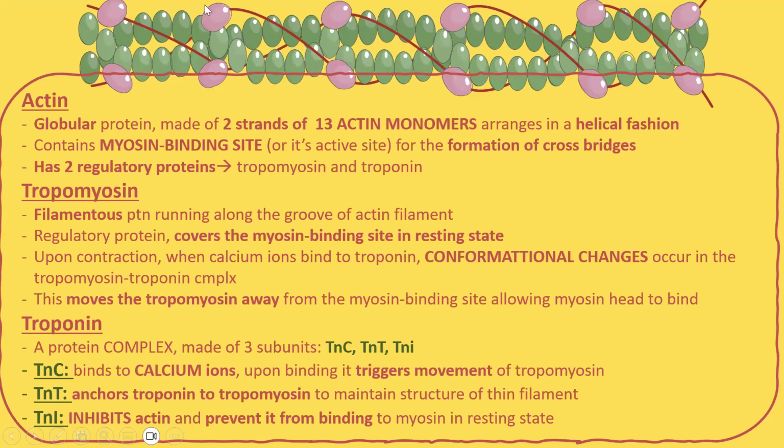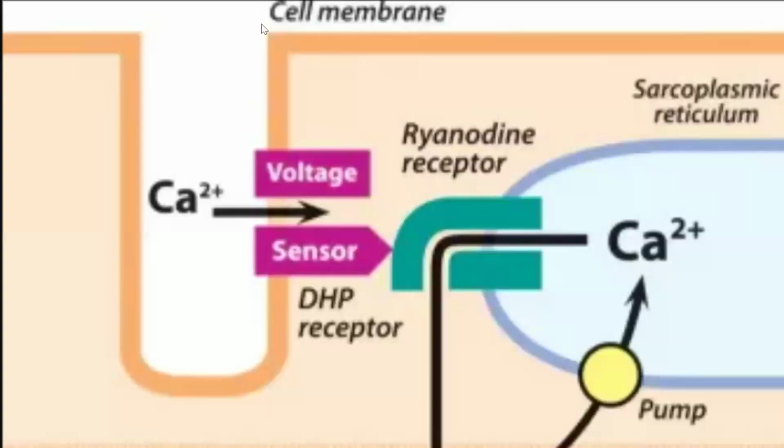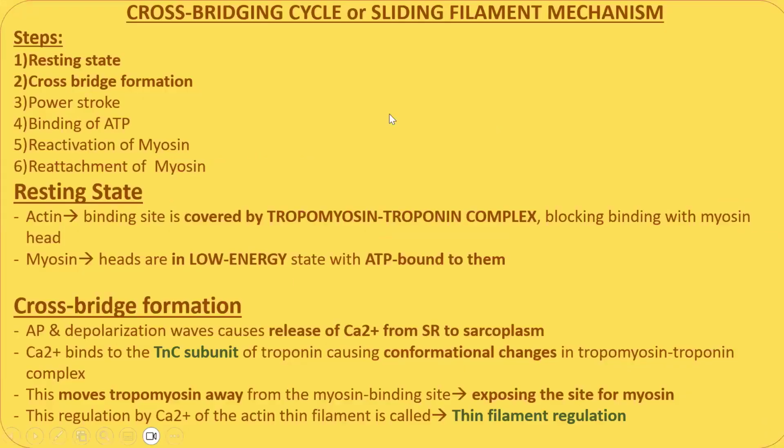Calcium will go and bind to troponin, which is this purple circle. It will cause a conformational change, and it will cause the tropomyosin, which is the red line, to move. It will move and expose the myosin binding site. So now myosin can bind to actin. This is the first step.